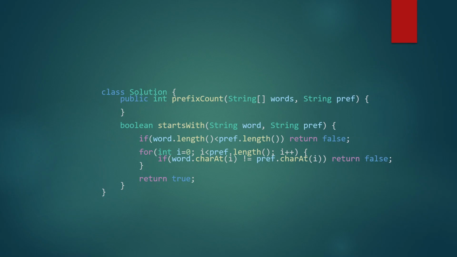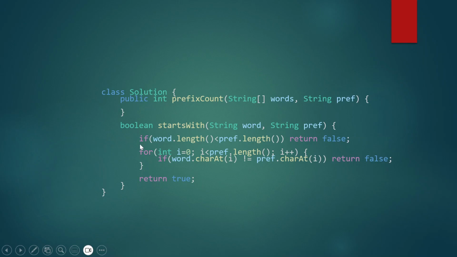Now we take a for loop which goes up to the prefix length, incrementing I. Now we check if word dot charAt I is not equal to prefix dot charAt I, and we return false immediately.